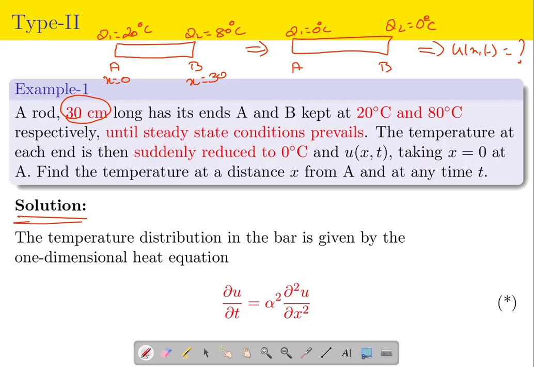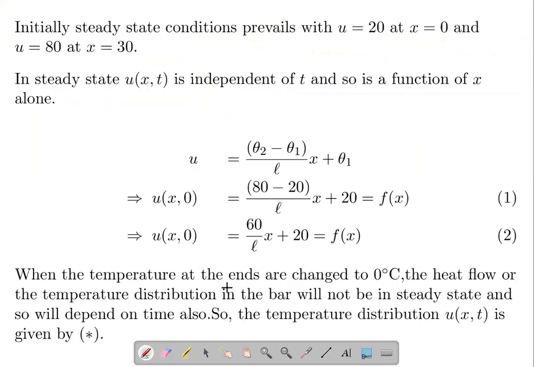Solution. So our one-dimensional heat equation is this. Solving this, we will get three systems of equations, and we have to choose the one suitable solution. This is given, as we already discussed. The rod is given, one end is A, another end is B. Here x is nothing but 0, here x is equal to 30.